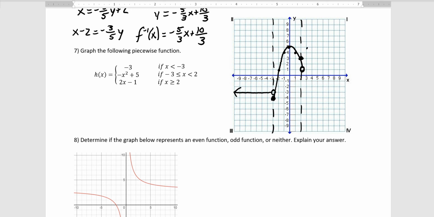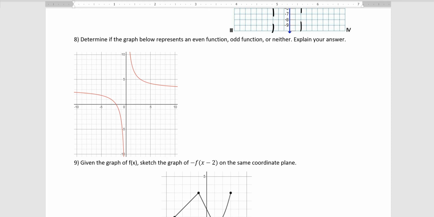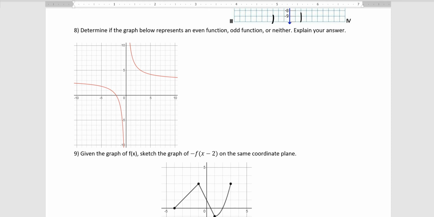And then I can continue from there, up 2 over 1, up 2 over 1, up 2 over 1, and draw my line to connect those dots like so. Beautiful. All right, that is number 7. All right, notice how it still passes the vertical line test. We're looking good there.